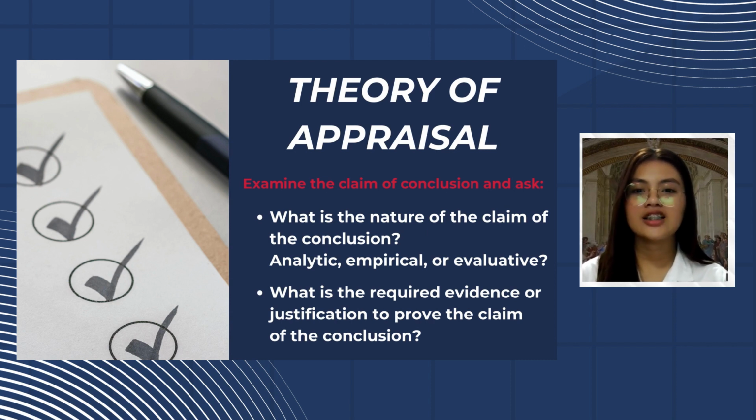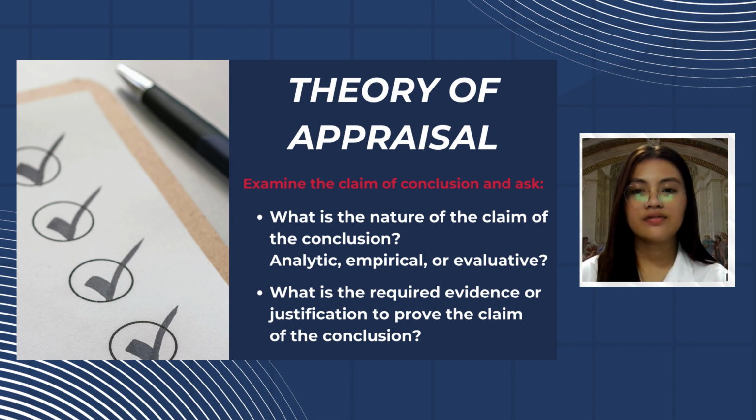We provide criteria for estimating the epistemic force of reasons or evidence that support the different types of claims. So the evidence offered by the premises is meant to verify, confirm, or justify the conclusion.